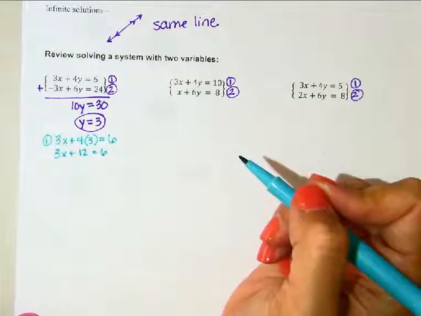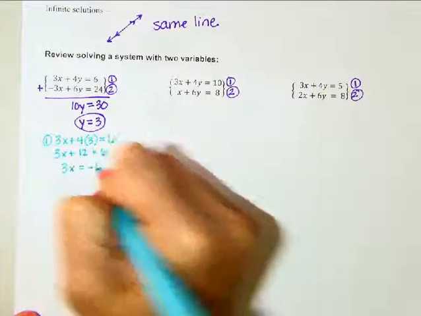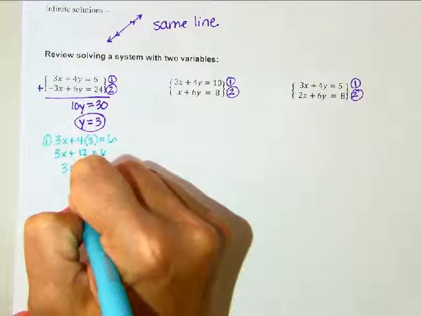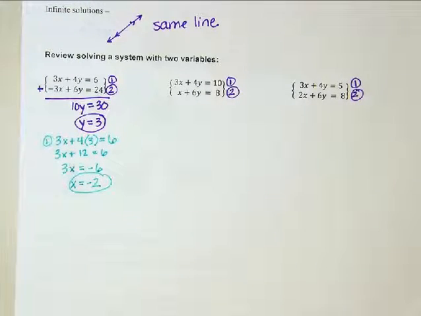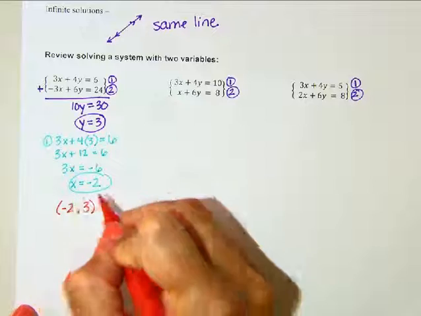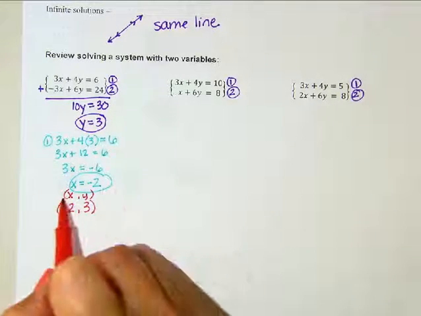I subtract 12 and get negative 6, then divide by 3, so x is negative 2. Your final answer is negative 2, 3, and you write it as an x, y point with parentheses.